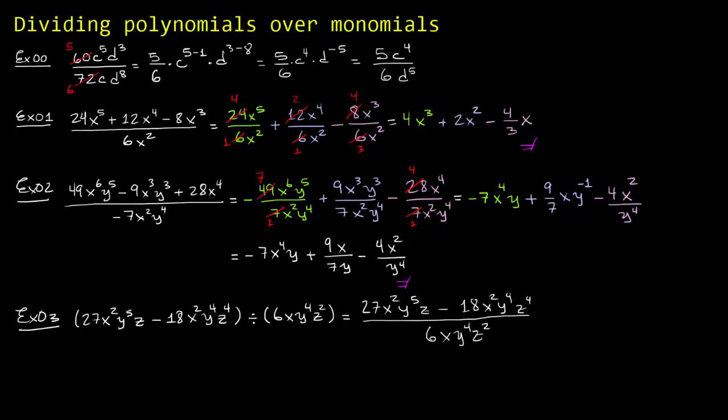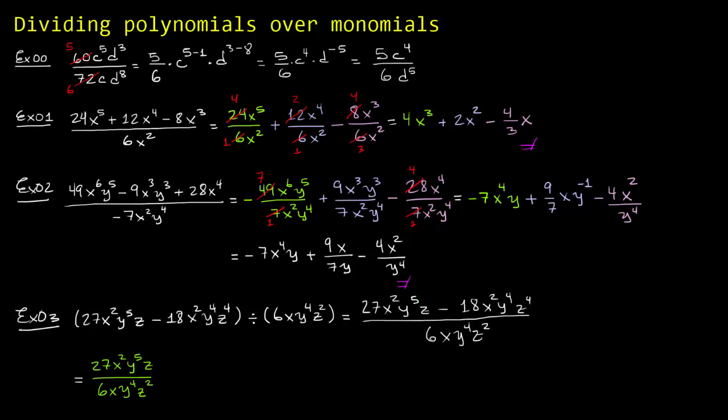So now we proceed to do what we did with the previous cases. I'm going to continue here on the left just to save space. So the first fraction will be 27 x to the fourth y to the fifth times c over 6 times x y to the fourth times c squared. This is a positive fraction because both of them are positive.